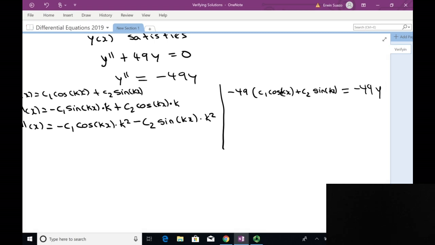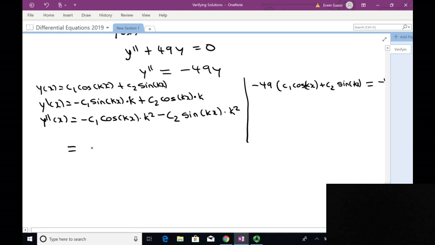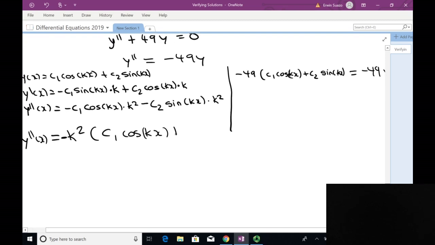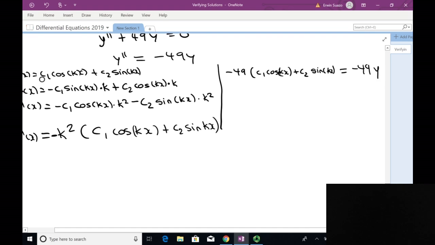So I factor k squared. So I get y double prime of x equals k squared, let's get the minus too, so minus k squared times c1 cosine kx plus c2 sine kx, right? So any ideas?